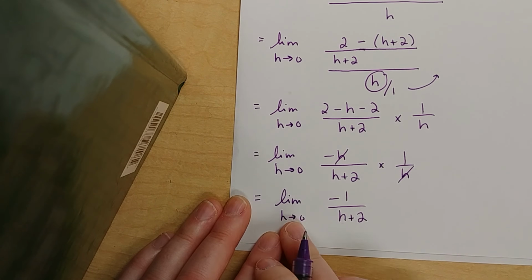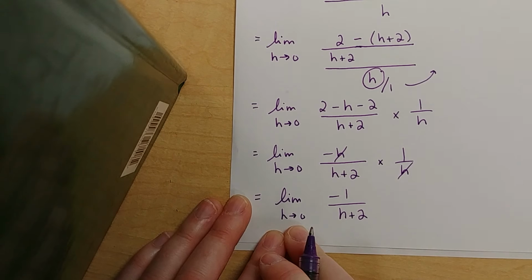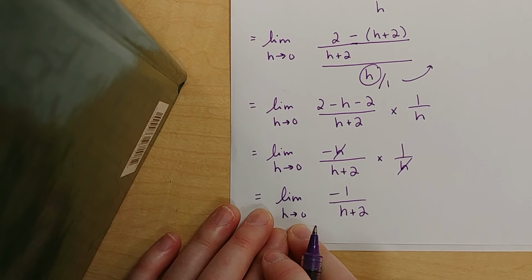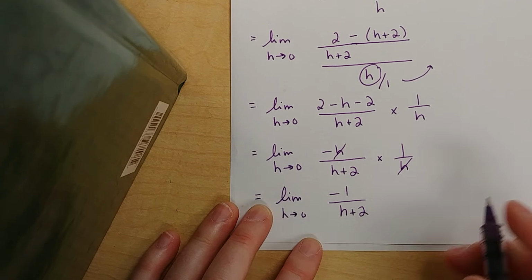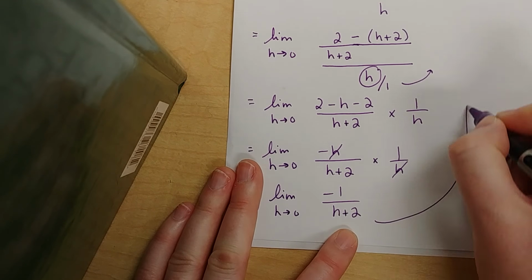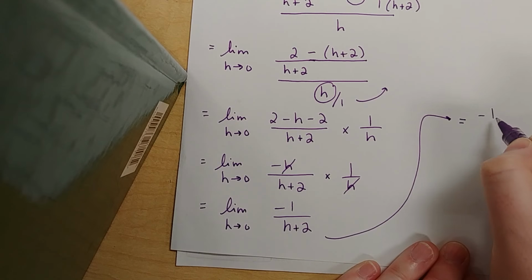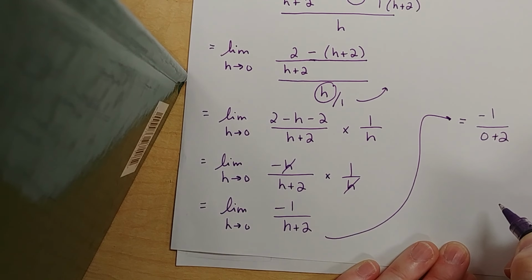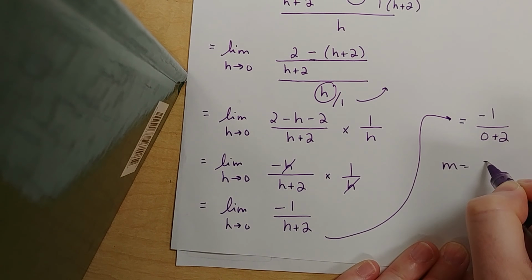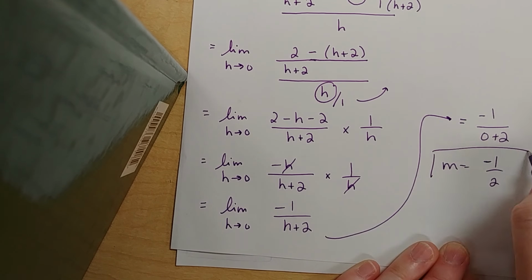And again, we've reached a point where it's not a problem to evaluate at 0. There's no more undefined slope at that point. So when I go to substitute now, I can see that my slope is going to be -1 over 2.